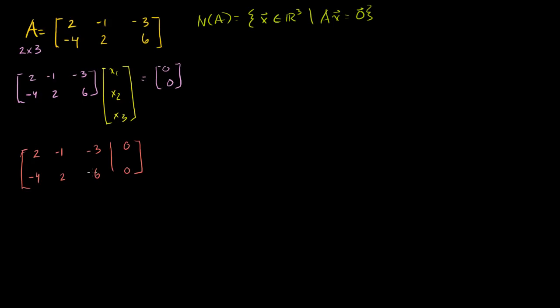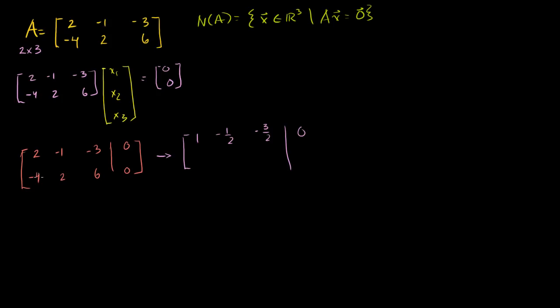So let's perform some row operations to solve this a little bit better. The first thing I might want to do is divide the first row by 2. If I divide the first row by 2, I get 1, minus 1/2, minus 3/2, and of course 0 divided by 2 is 0.